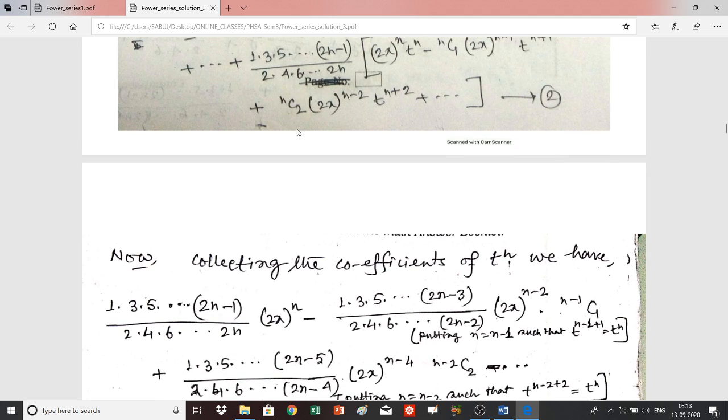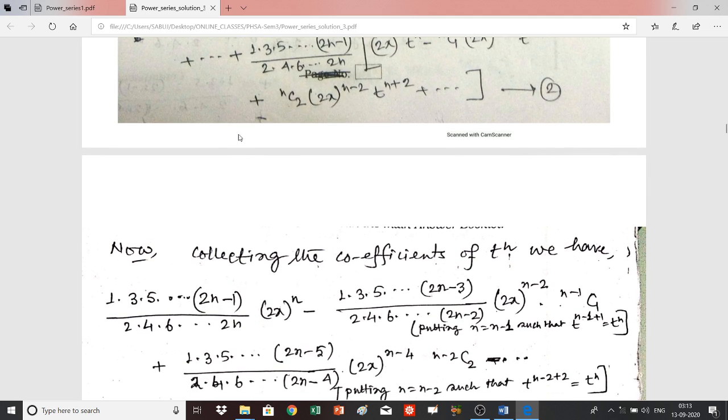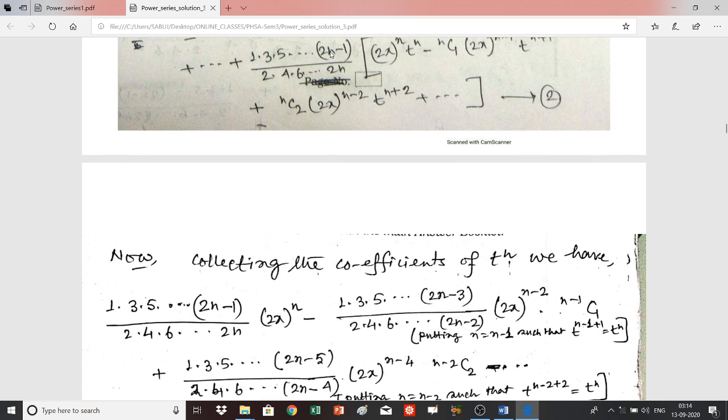Writing all these terms, I have written here 1 3 5 etc. The last term is here 2n minus 1, so as you replaced n by n minus 2, from this you will have 2n minus 4 minus 1, that is equal to 2n minus 5, and in this series the last term will be 2n minus 4, and here 2x to the power n minus 4, and then n is replaced by n minus 2, so n minus 2 c2, another term.